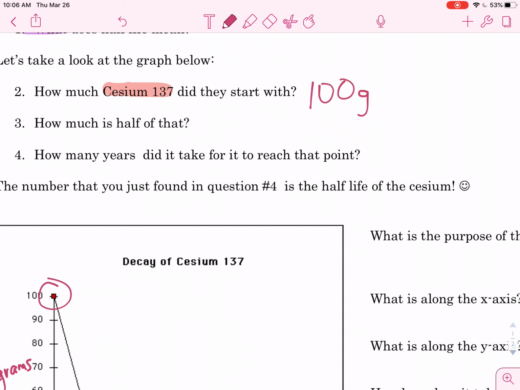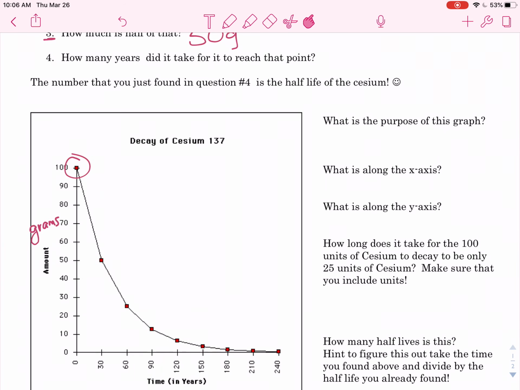What is half of 100? That's number 3. We divide 100 by 2 and we get 50 grams. Then we ask ourselves, how many years did it take to reach that point? How much time did it take for the 100 grams to go down to half that, 50 grams?